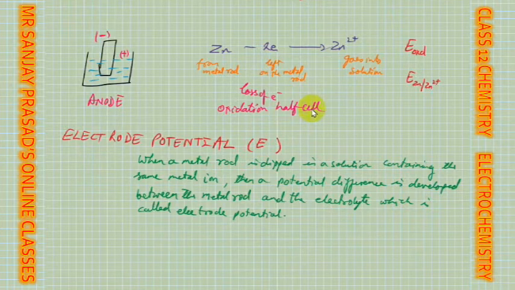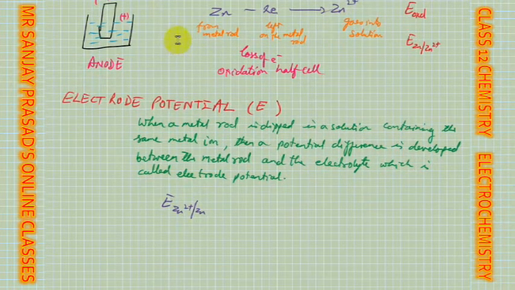Okay, if I had taken it this way, look here, if I say E of Zn2+/Zn, then this one represents reduction. E Zn2+/Zn represents reduction, so we can write E reduction.